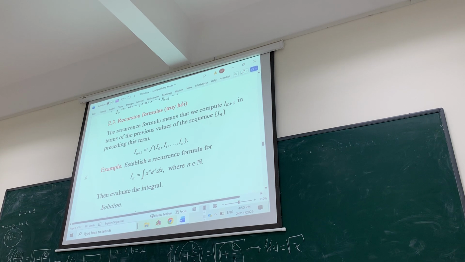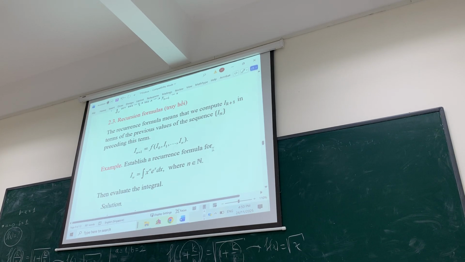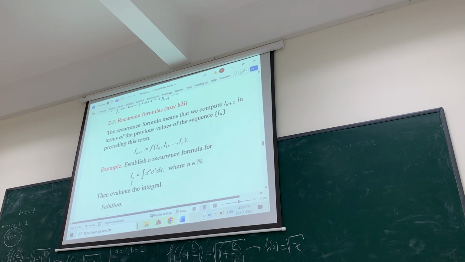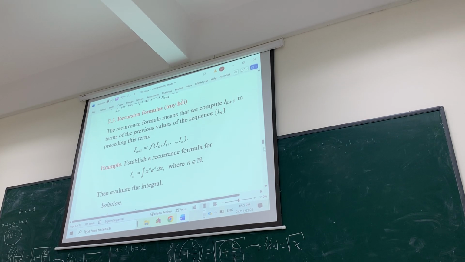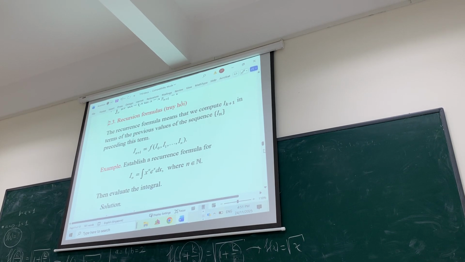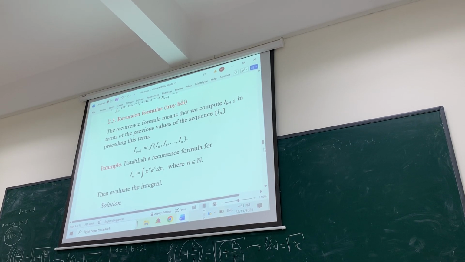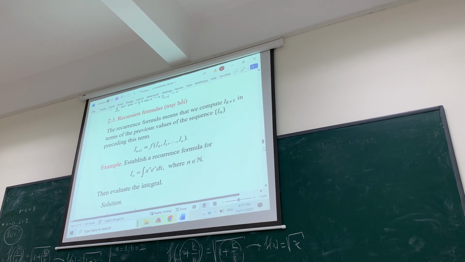To illustrate the recursion formula, I give you an example. Establish a recursion formula for the integral I sub n equal to the integral of x to the power n times e to the x dx, where n belongs to the natural number set.